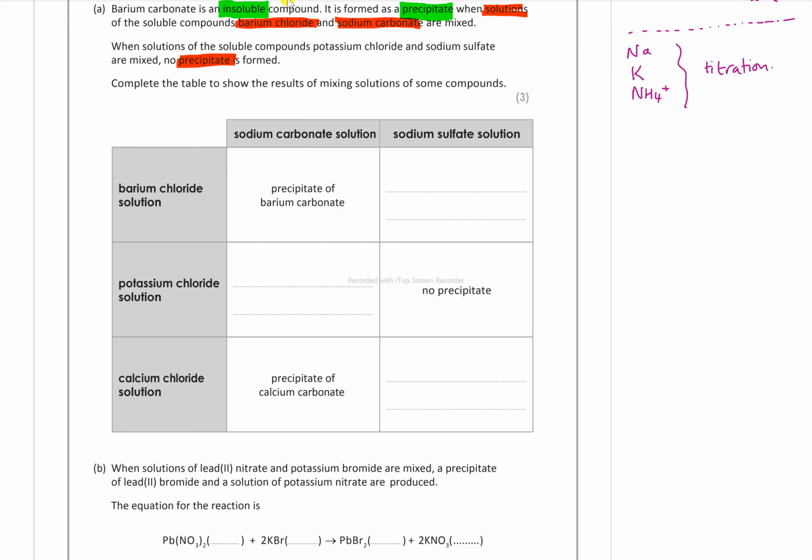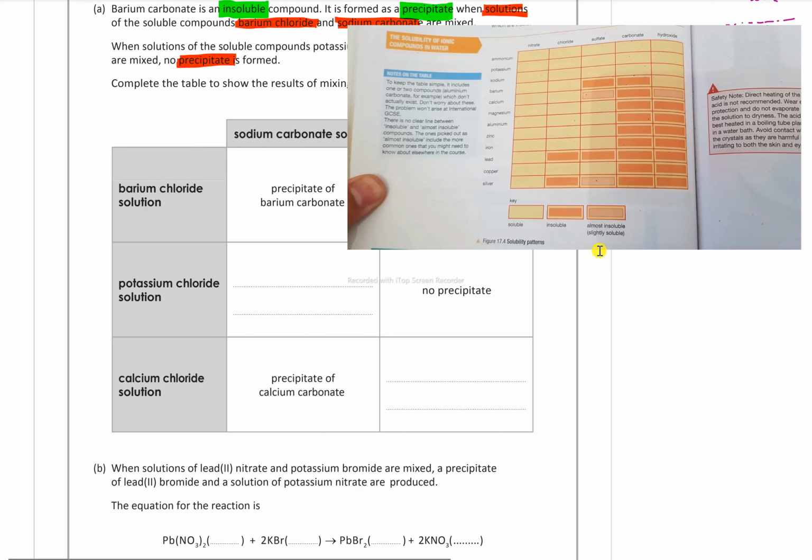Complete the table to show the results of mixing some compounds. So basically, you've got to know. Right, let me just go try to figure that one out and get a summary. Right, here you've got the summary.